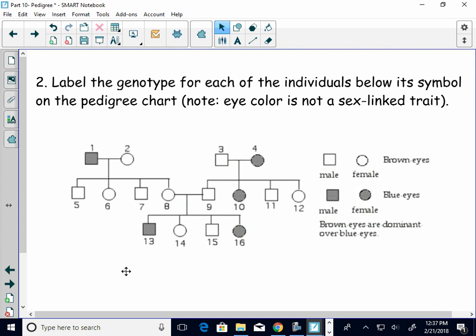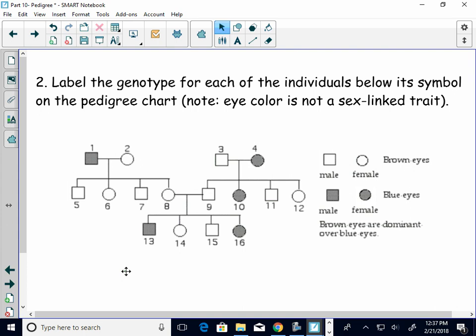Number 2. Okay? Let's do 2 and 3. So you do number 2 and number 3. So 2's at the bottom of page 36, 3's at the top of 37.